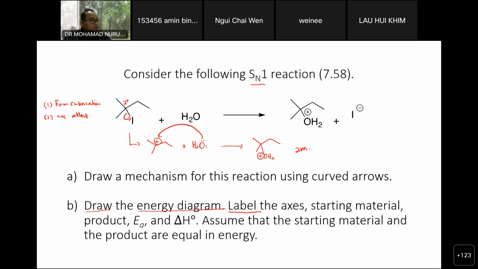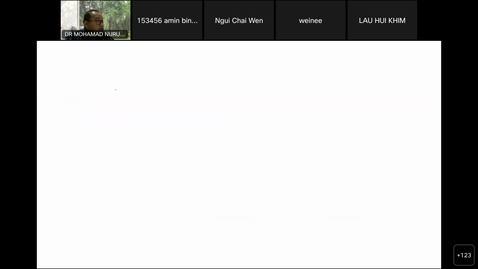We just hand sketch. First we have to form an axis: energy, and reaction coordinate.